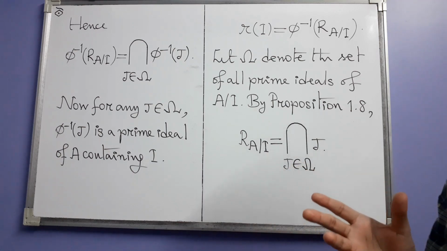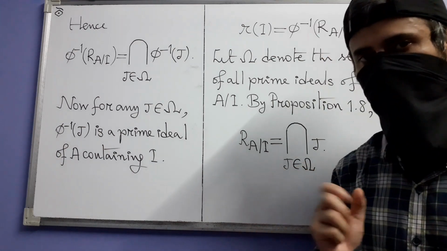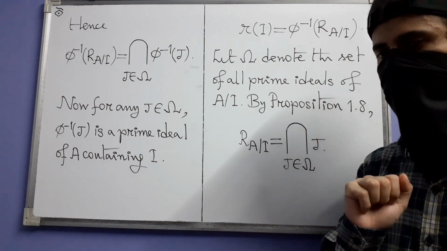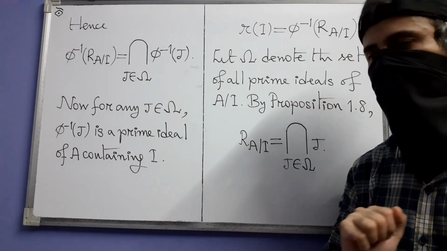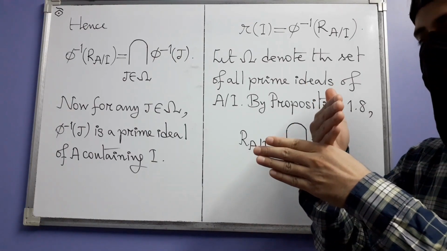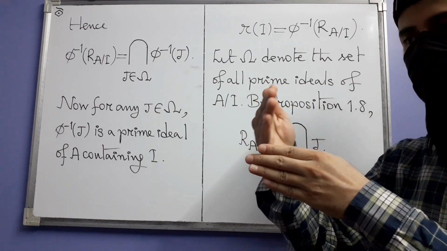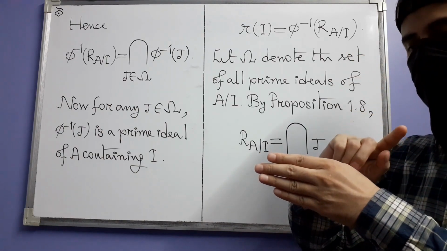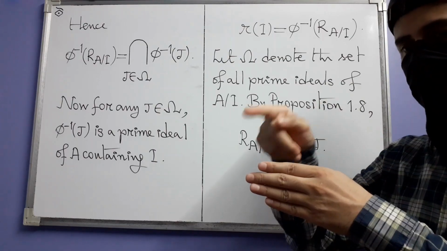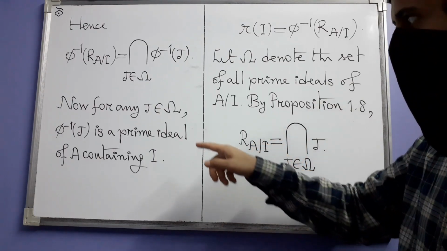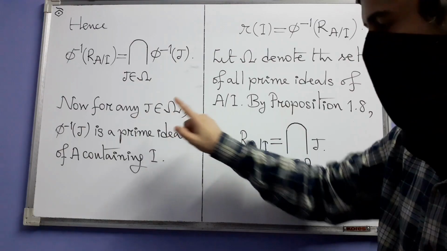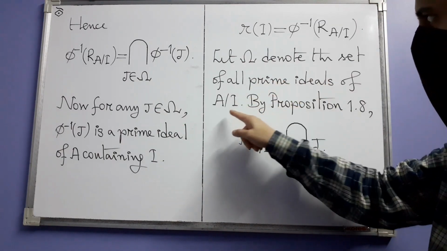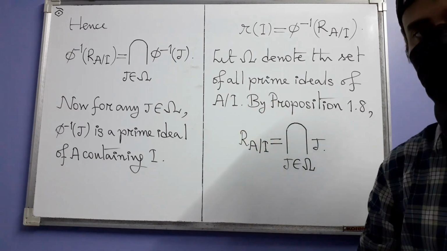Now let us recall a result. Result means an observation way back about prime ideals related to homomorphisms. Say you have two rings A and B and there is a homomorphism F from A to B, and you take a prime ideal in B, then its inverse image under F will be a prime ideal in A. So if we now take any J from omega, then what is J basically? J is a prime ideal of this ring A/I.